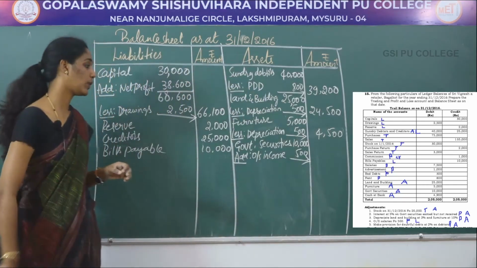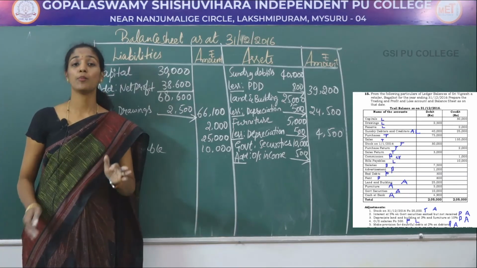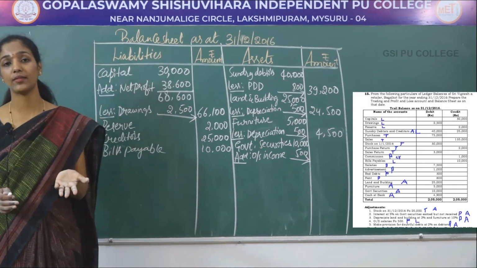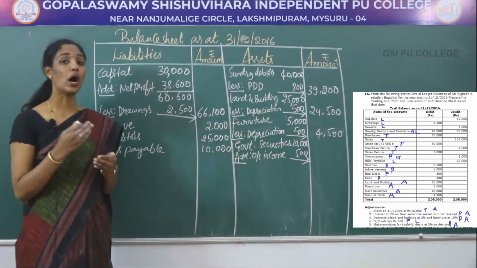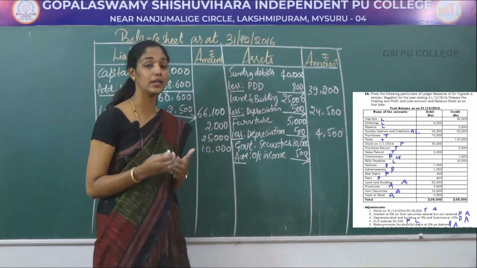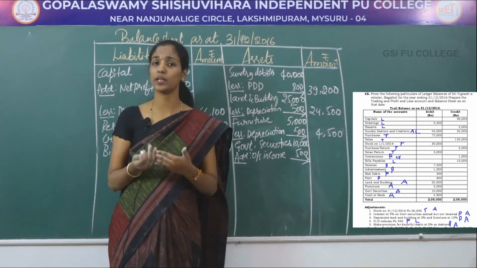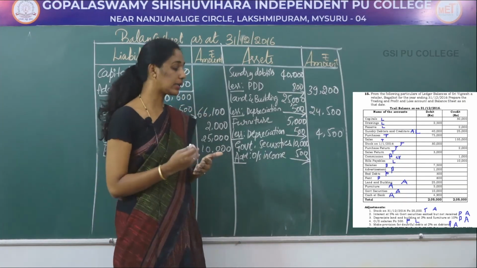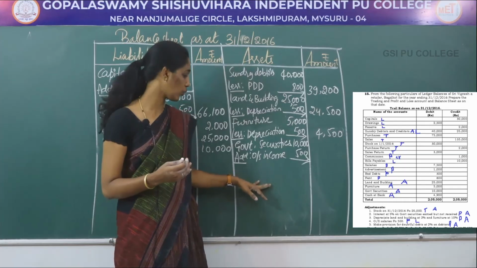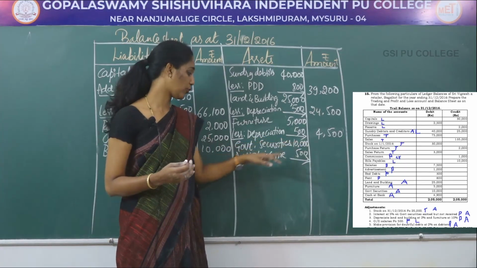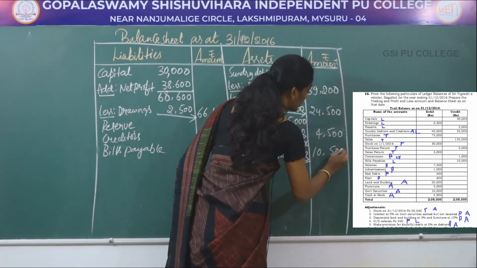So here there is an adjustment relating to the government securities, that is nothing but outstanding income. In the profit and loss account credit side, you have calculated 5% on 10,000. So that income is receivable, but it has not yet been received in that year. So we call it outstanding income, or we can also call it accrued income. You can add that income to the actual value, or record it separately. Government securities 10,000, add outstanding income 500, you will get 10,500 rupees.